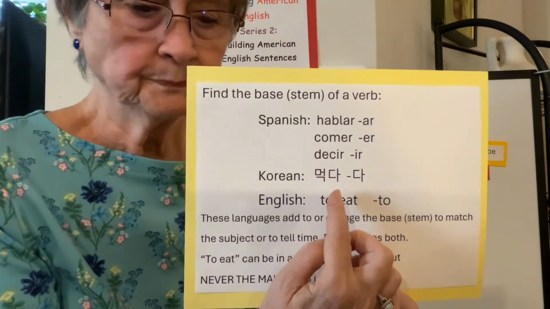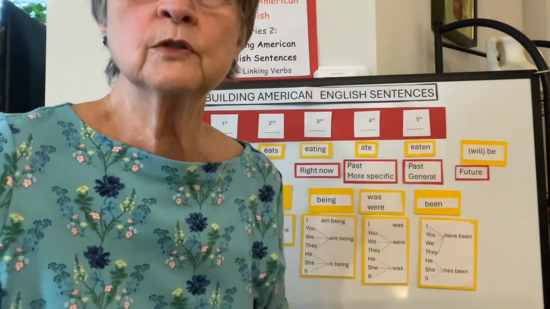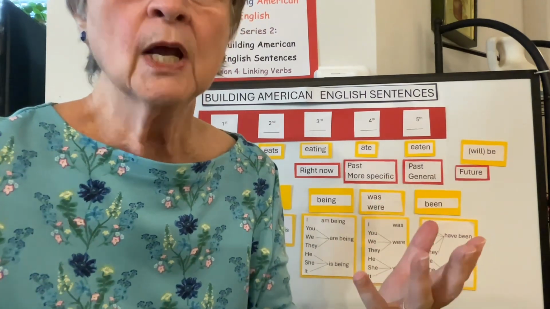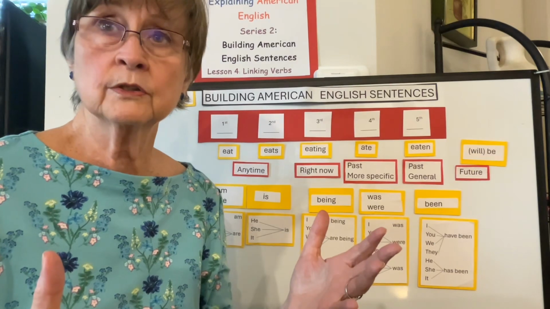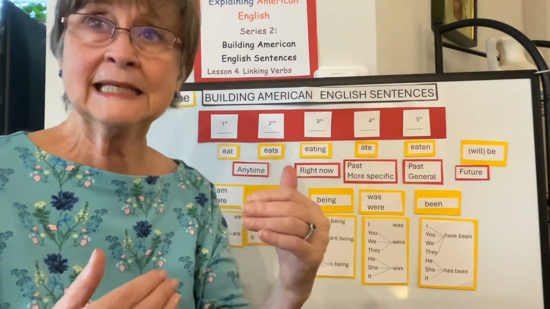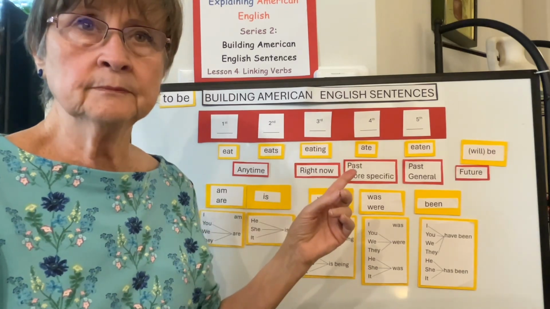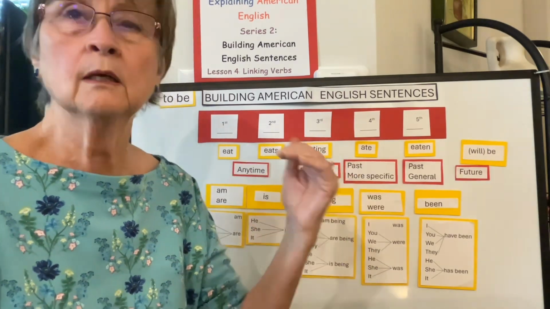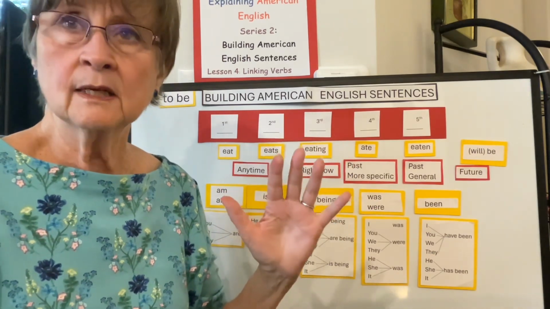So, I want to look now with this idea in mind at what happens to a verb in English. And I'm going to use one that's not a regular verb first because it means eat, like the other words that we just looked at. And it is a normal 5-spelling word. So it is an example.